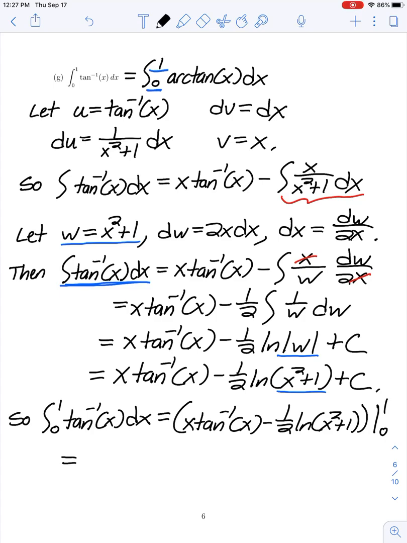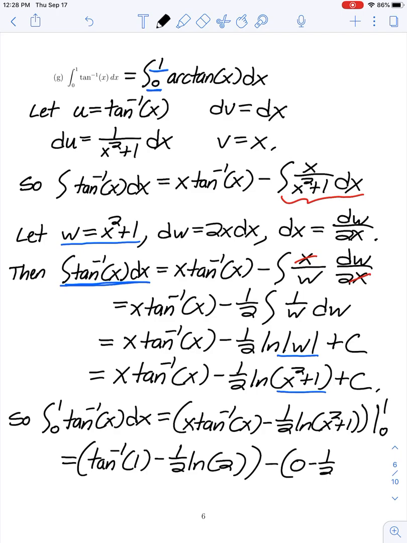So let's see what we're left with. When I substitute 1 in for x, I have arctangent of 1 minus half of the natural log of 2. And then we subtract what we get when we evaluate at 0. So I have 0 times arctangent of 0 is 0, minus half of the natural log of 1.